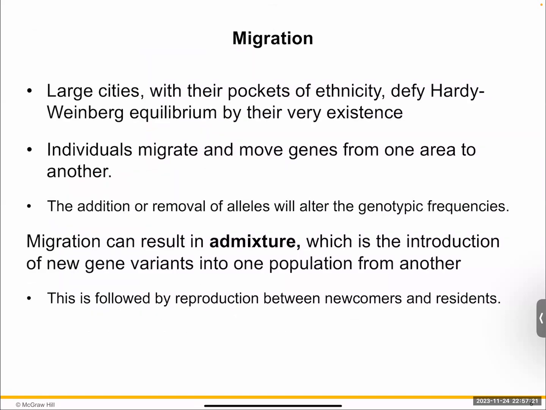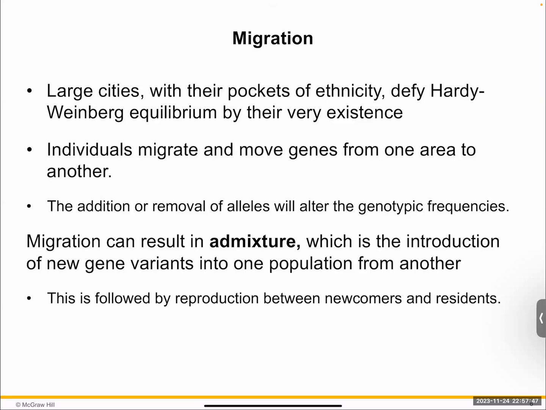Now, the second factor we have talked about that will affect the allele frequency is migration. Migration is basically where, within a population, you have pockets of different peoples, and these groups are basically defying the Hardy-Weinberg equilibrium by their very existence.